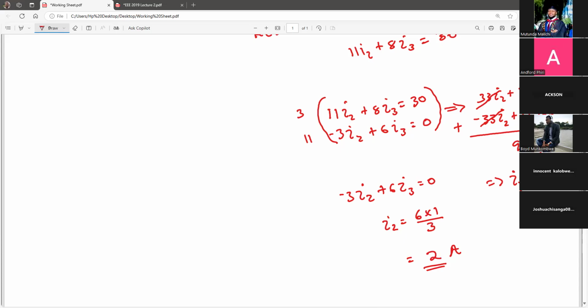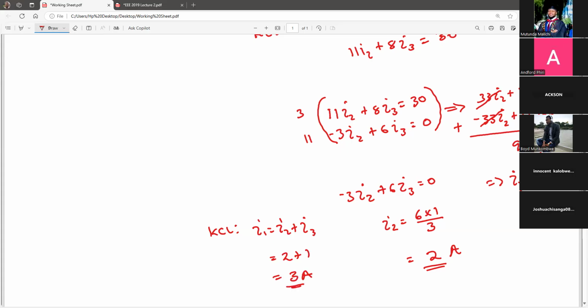So now we have I2 and I3. From KCL, we were told that I1 is I2 plus I3. Therefore, I1 is equal to 2 plus 1, which gives us 3 amps.